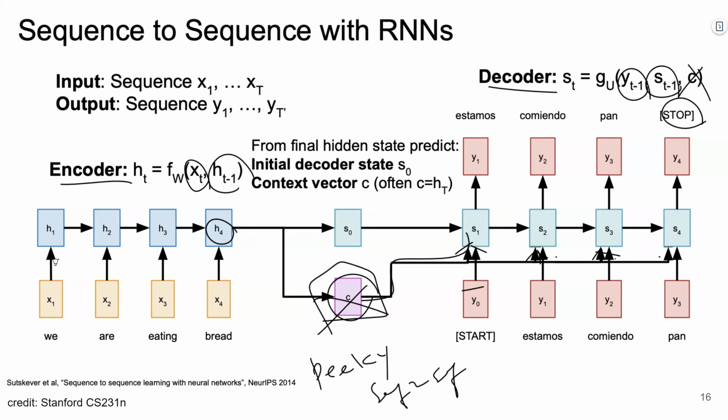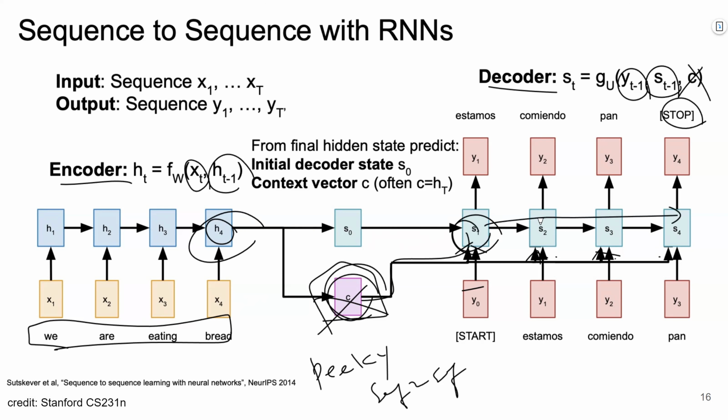Because this hidden state summarizes the input sequence information. And as we set the first hidden state as the last hidden state of the encoder, it changes over time. And it could be a burden for this decoder RNN to remember the state of the input sequence.